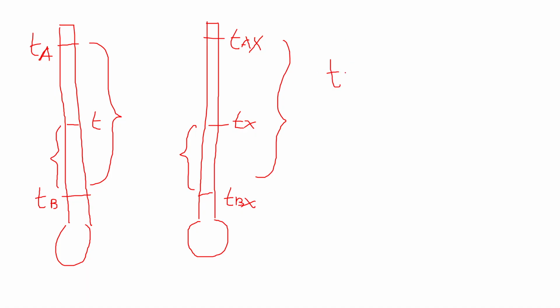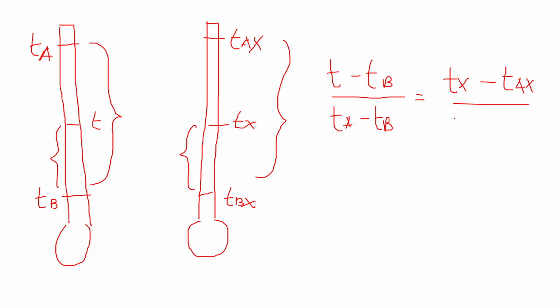Well, it's basically T minus TB divided by TA minus TB is equal to TX minus TBX divided by TAX minus TBX.